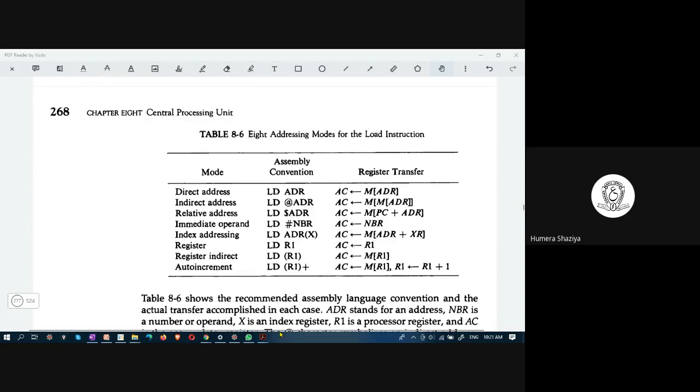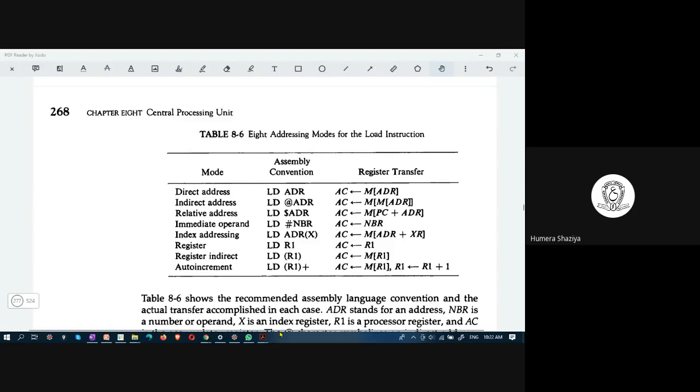Relative address is LD $ADR. Relative address implies that the contents of PC are added to the address part of the instruction, which is ADR.